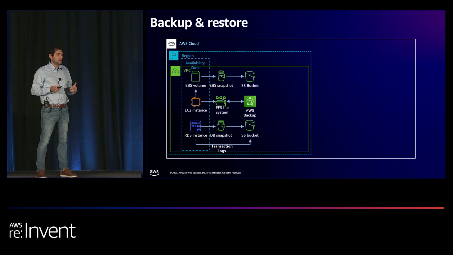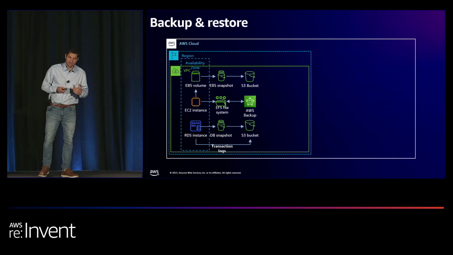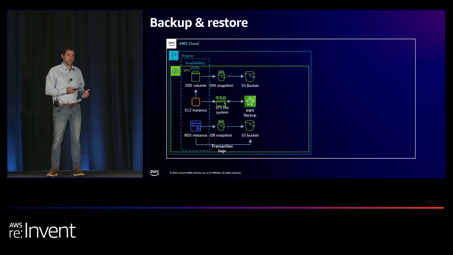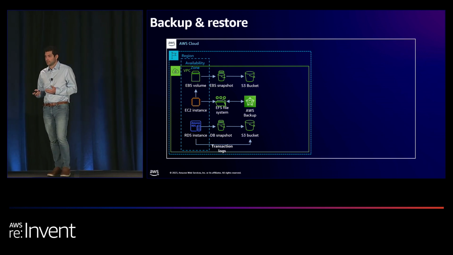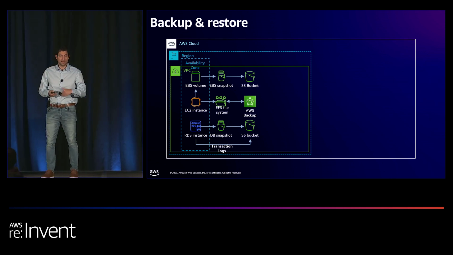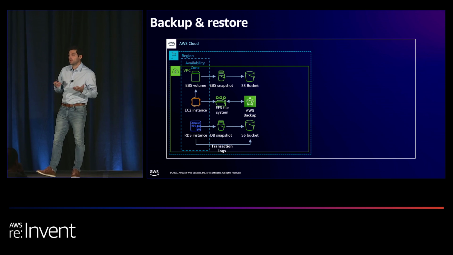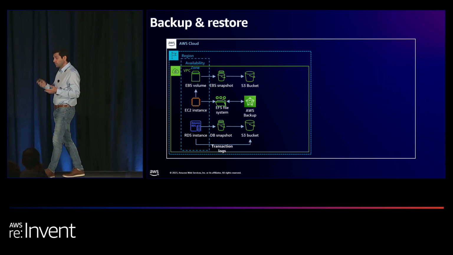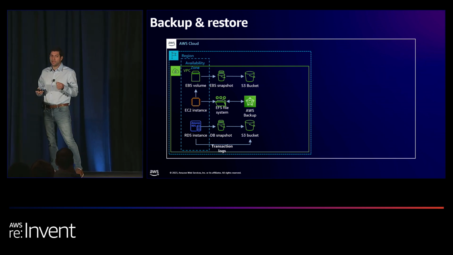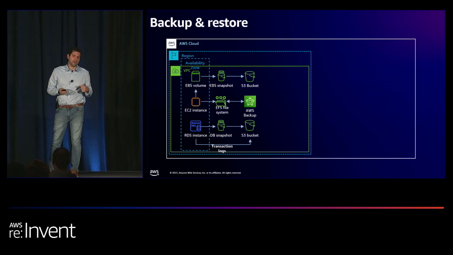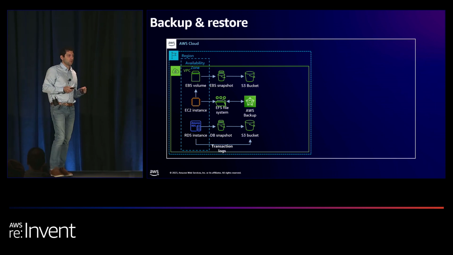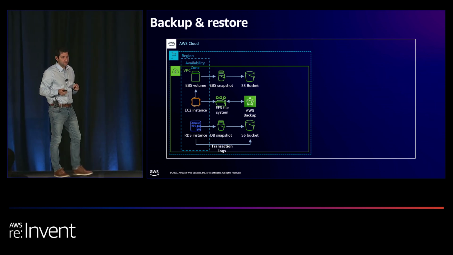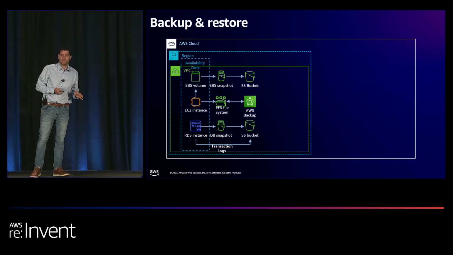Now I'll enable my backup policy and run those backups. So using EBS snapshots, RDS snapshots, and using AWS Backup to back up my EFS, I'm running my backups. Now, a key element here is that all of these backups are stored regionally, not zonally, right? So they're not sensitive to what happens in that availability zone.